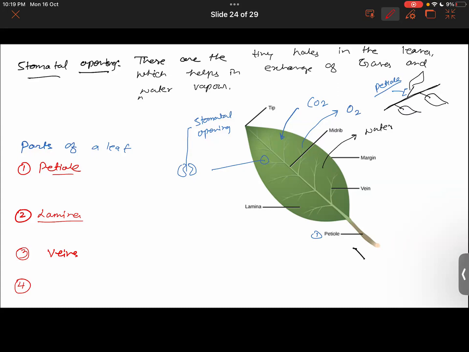It is holding the veins and the lamina also. So the lamina and veins, the main components of the leaf, are held together by the midrib. Okay, the fourth part is midrib.